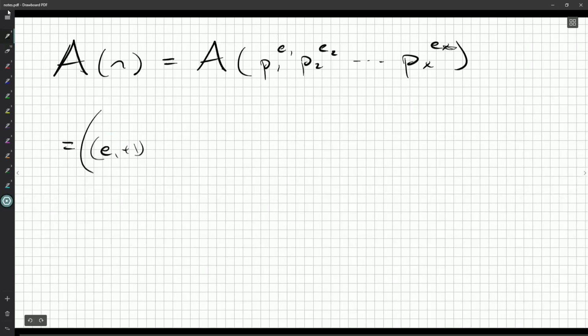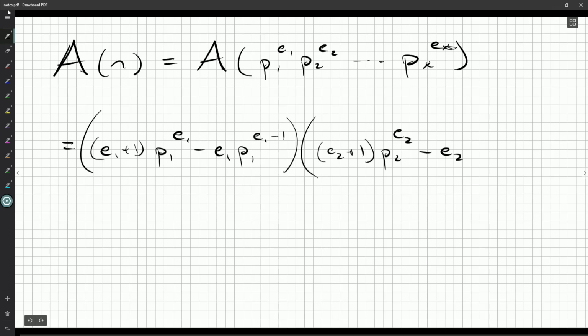E1 plus 1, because it's multiplicative. I'm pretty sure we didn't show it, but I'm pretty sure you can show it. But certainly using this expression would have been a nightmare to try and answer the question. So stumbling upon powers of primes really was the right way to go.